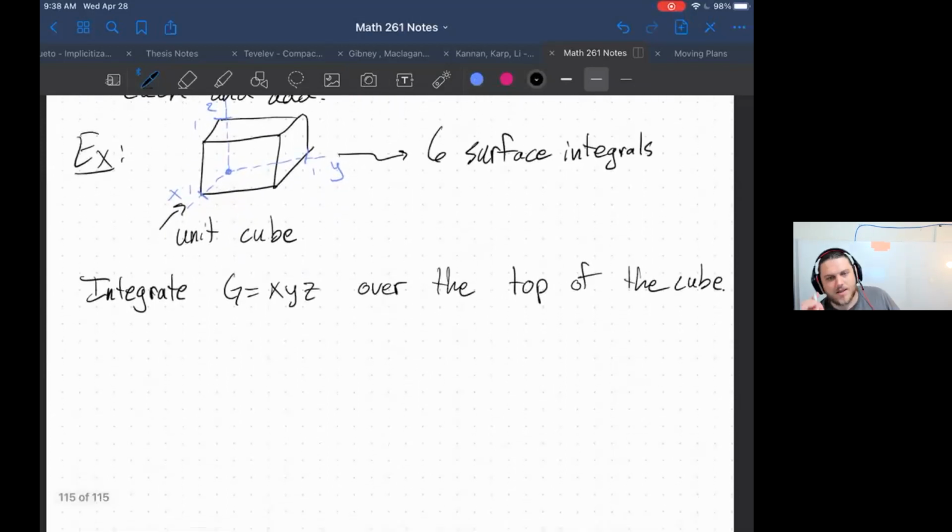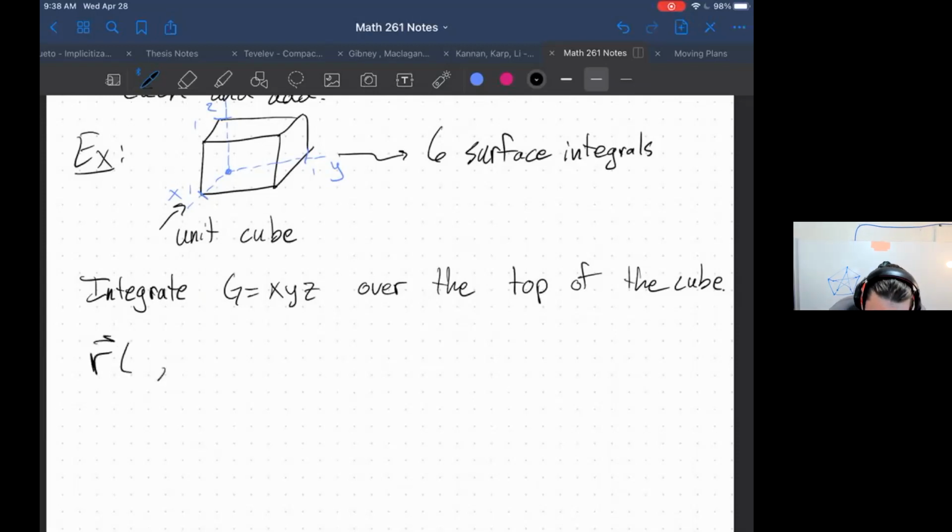You would honestly need 6 separate surface integrals for that. It's probably okay if you use some symmetry here, but before doing all of the work, I don't know. So maybe I'll say something more precise than that in a little bit, but let's just integrate this function over the top of the cube and see what I mean.